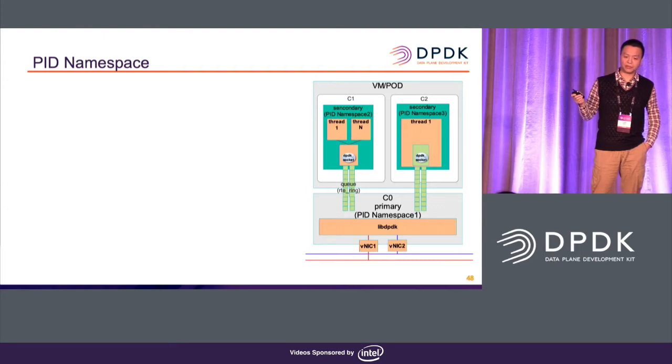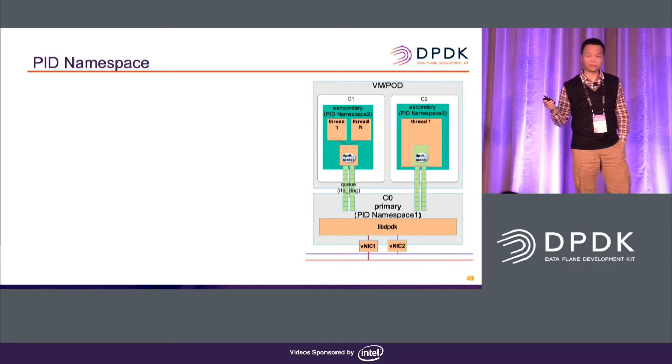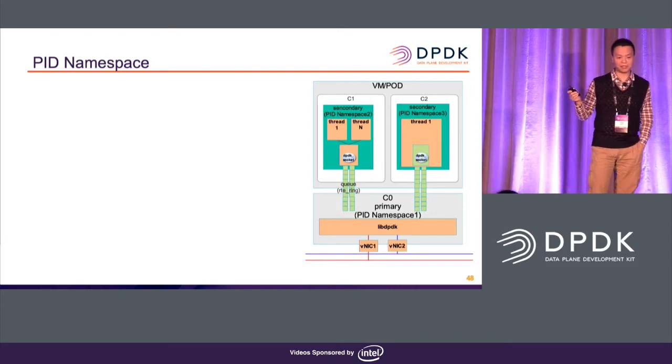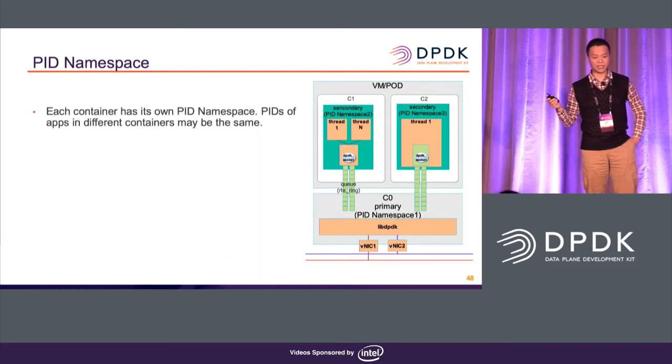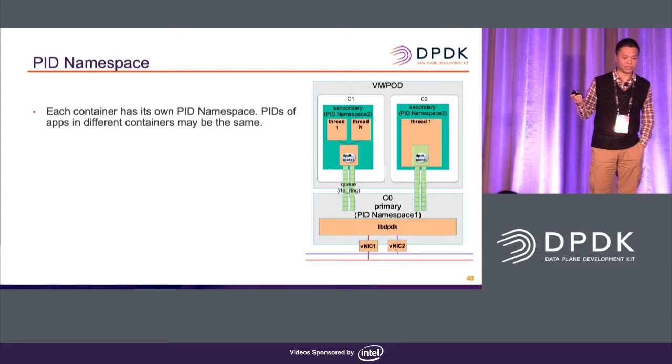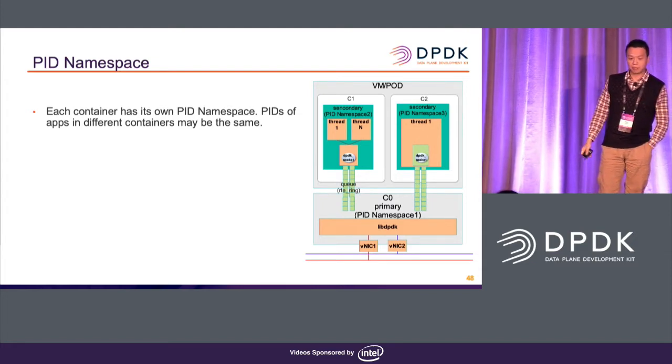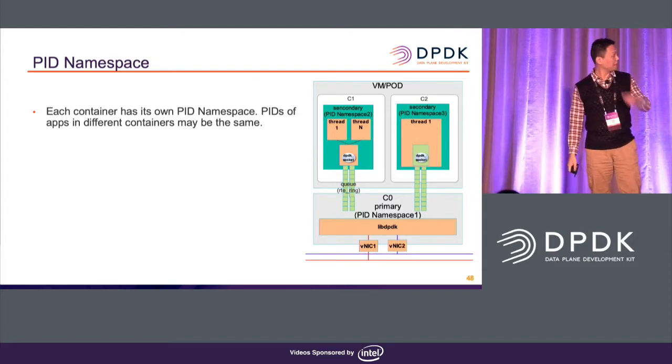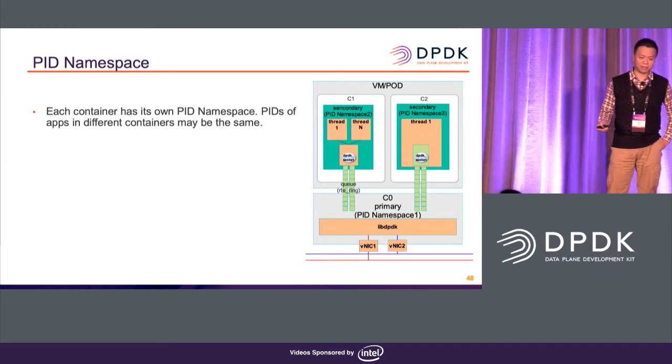We know that in containers, there are several namespaces, such as the UTS namespace, the net namespace, the PID namespace, and so on. Each container has its own PID namespace. The PID of the app in different containers may be the same.